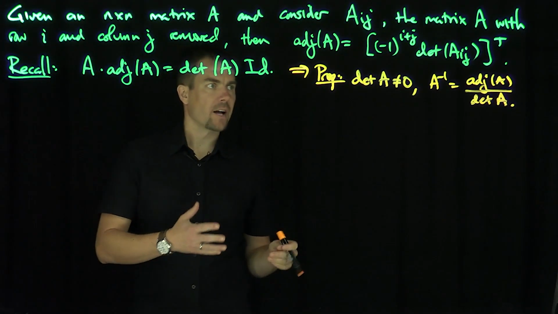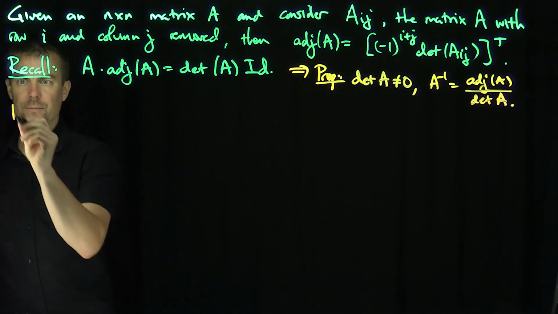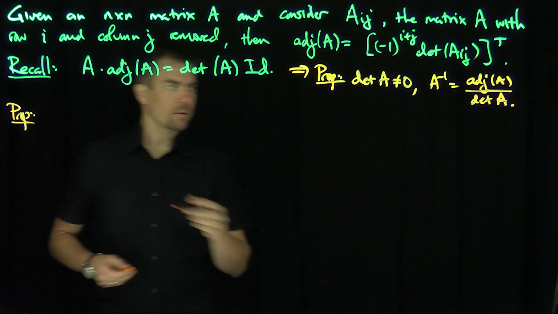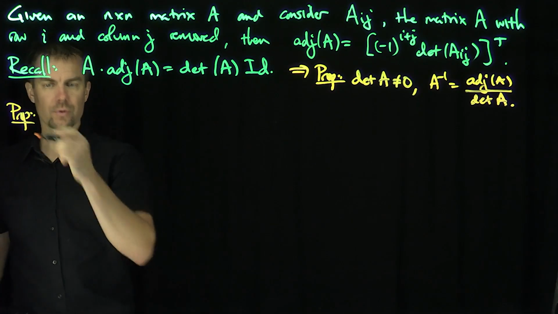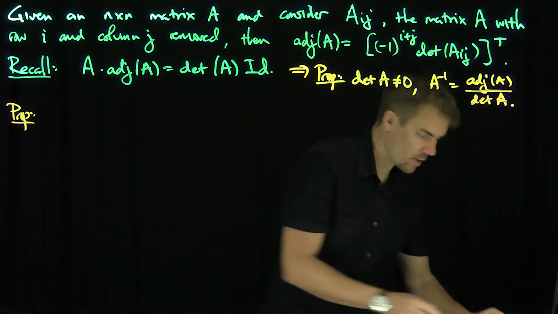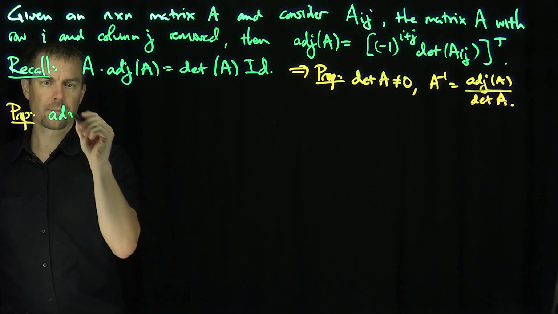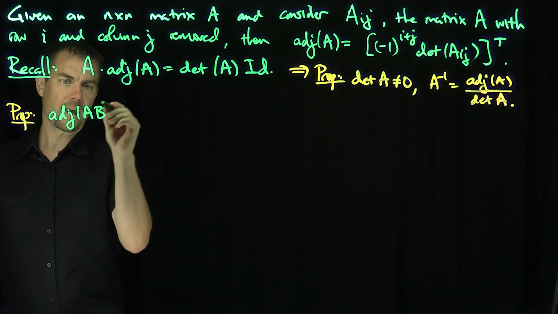Let's do some other properties of the adjugate. So for example, here's a proposition. Let's do the symmetry first, actually. Let's consider the adjugate of AB.